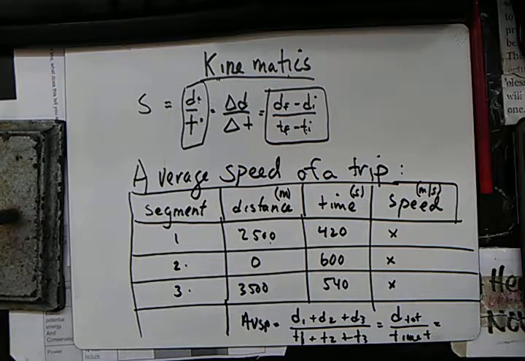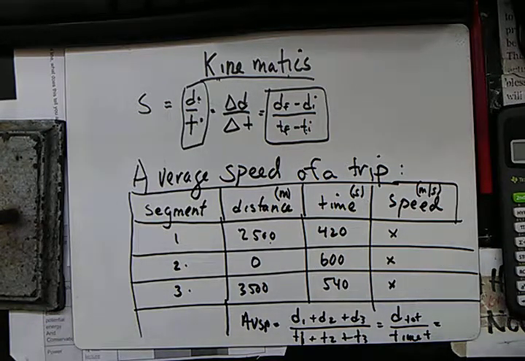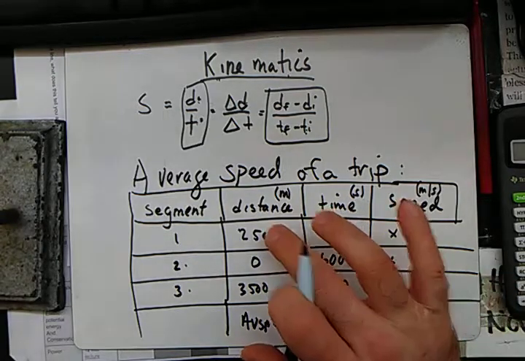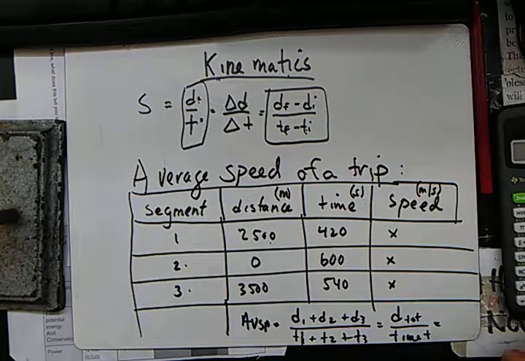So if I just plug in the calculator, and you guys should at this point have a calculator that you're comfortable with, whether in the classroom or at home. I'm going to take all the distances, 2,500 plus 0 plus 3,500. That's 6,000 meters.